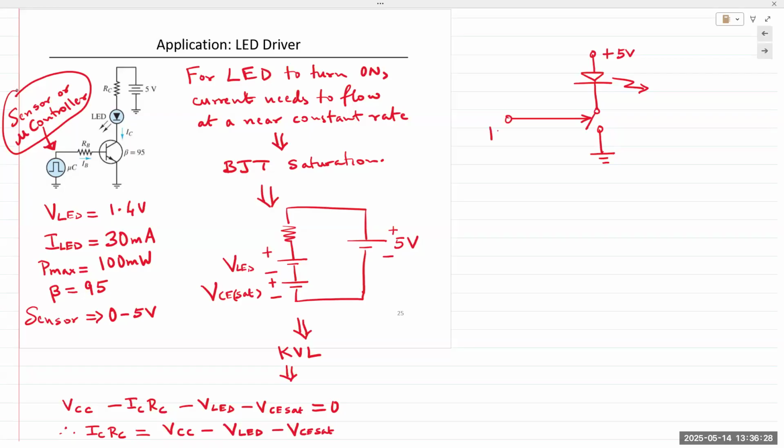So this would be your input, and this is the digital switch. BJT in cutoff, switch is off. If BJT is in saturation, we say the switch is on.